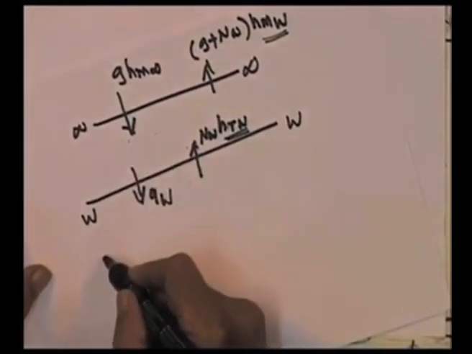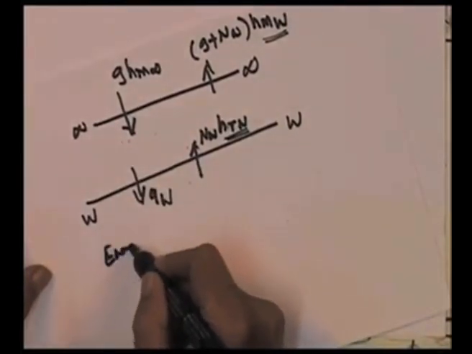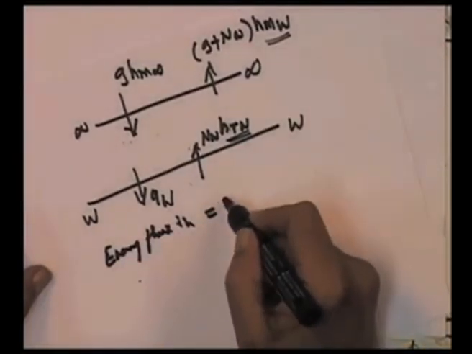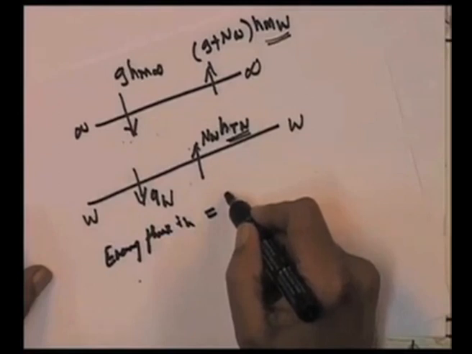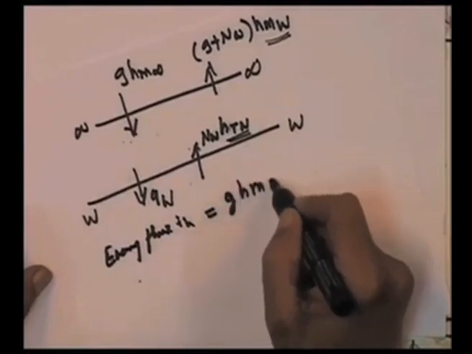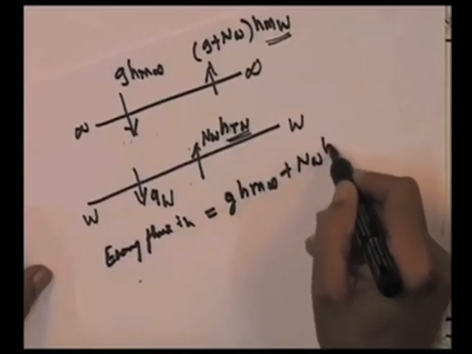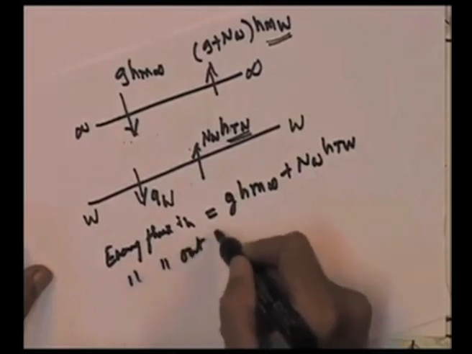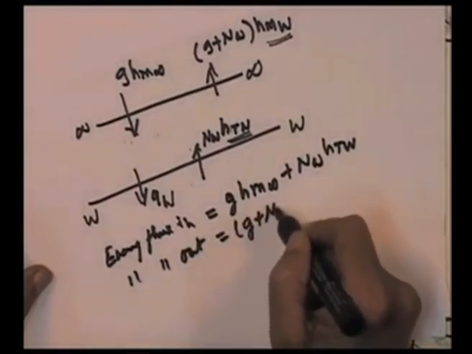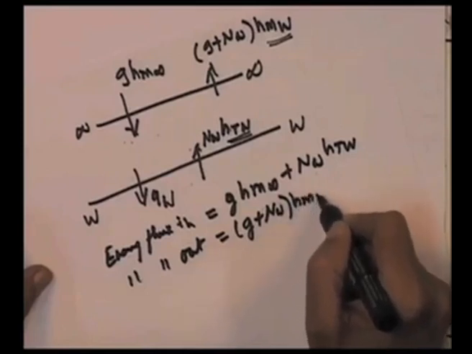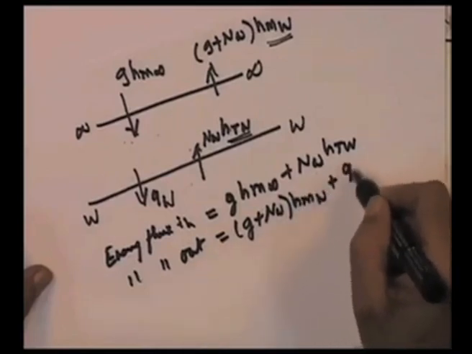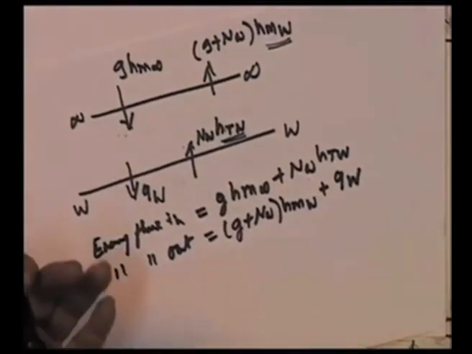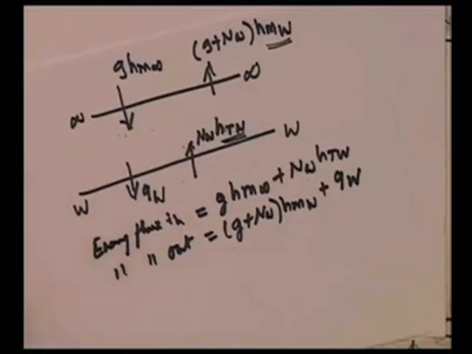if I consider energy in, it will be equal to G Hm infinity plus Nw H Tw, and energy flux out will be equal to G plus Nw Hmw plus Qw, and that is what I have written here.